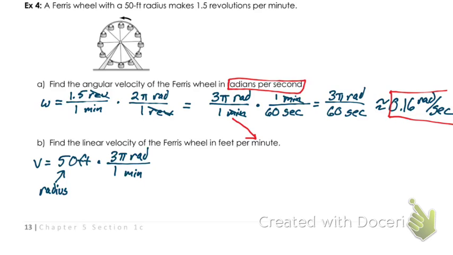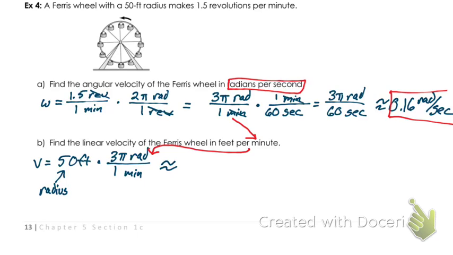So let's just use that one here. It also leaves me so I don't have to do any conversion. So I would just approximate that right there. We just do 50 times 3 pi. What does that come out to about?